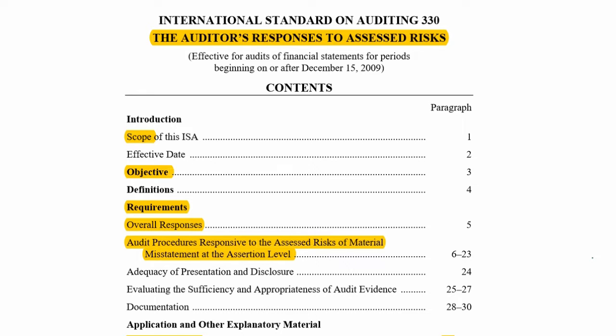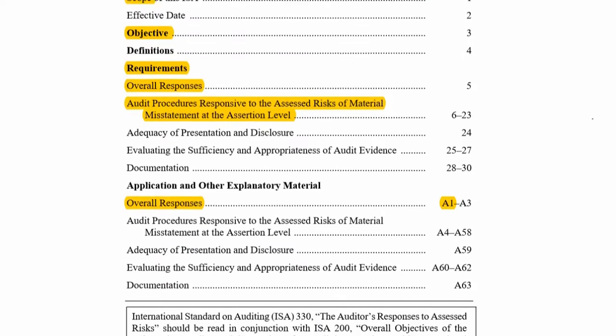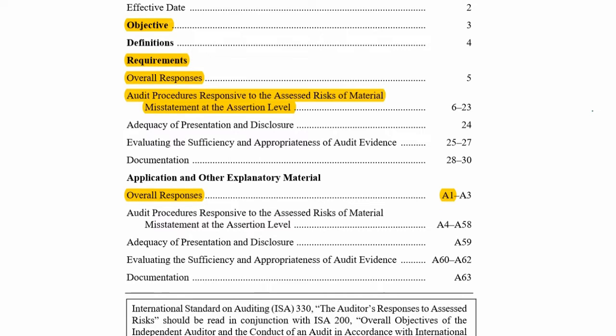ISA 330 has those responses, and there are requirements, your overall responses, and then audit procedures responsive to the assessed risks at an assertion level. They've said don't go into the audit procedures, so all I'm going to do is go to the overall responses in an application paragraph because that's where my answer is.